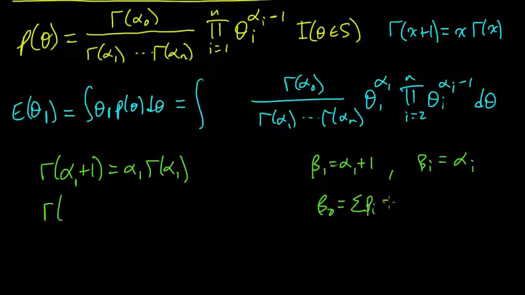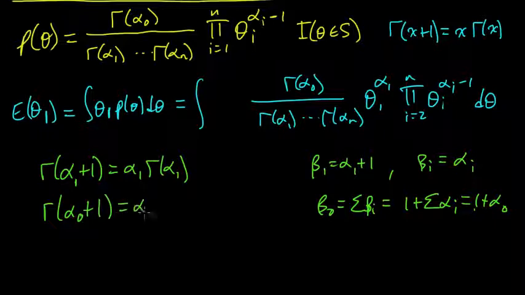This is equal to the sum of the betas, and this is 1 plus the sum of the alphas. So we want to replace this with 1 plus alpha 0. So for that, gamma of alpha 0 plus 1 is equal to alpha 0 times gamma of alpha 0. I think that's going to be good.